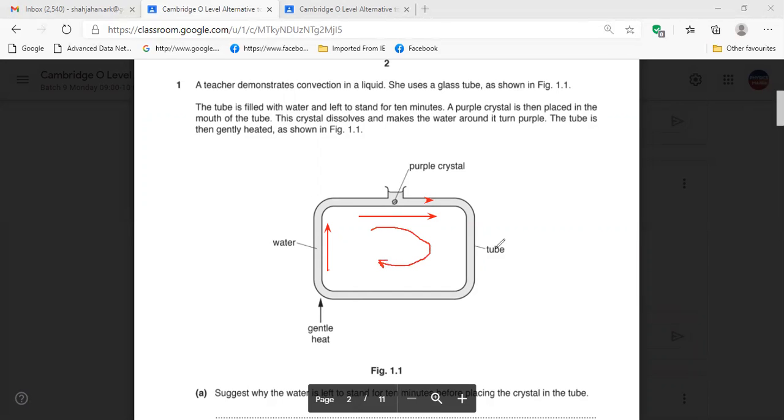If someone is showing this way, that is also accepted. Is it clear to you? Yes, sir. So anywhere you give the arrow in the diagram, but it should be in the correct order, then you will get the mark here.